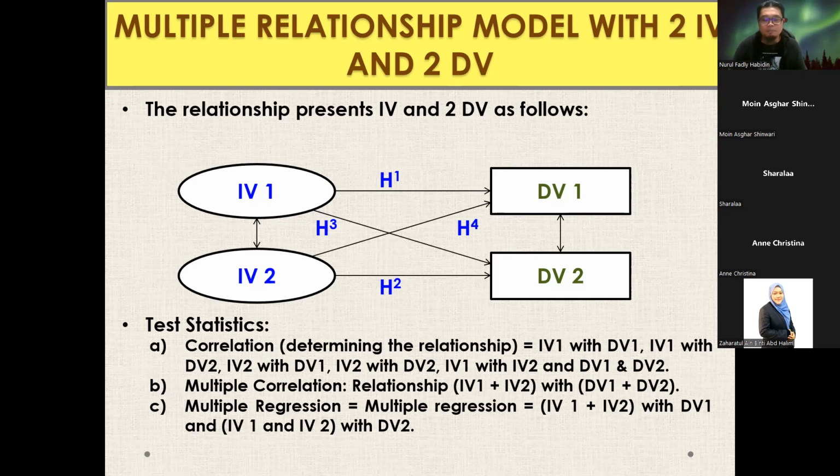Yes, because multiple correlation uses more than one variable. If you want to test the independent variables, you need to combine IV1 and IV2 to study the correlation. Please remember, there is a difference between correlation and regression. You can do other things after studying the correlation. You use the same thing, but we call it multiple regression because we need to regress, not just correlate.